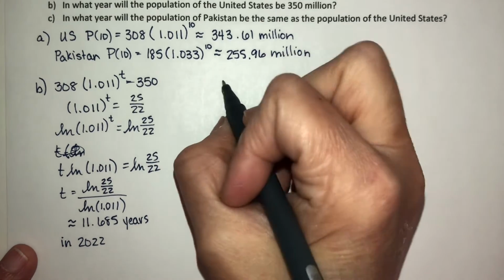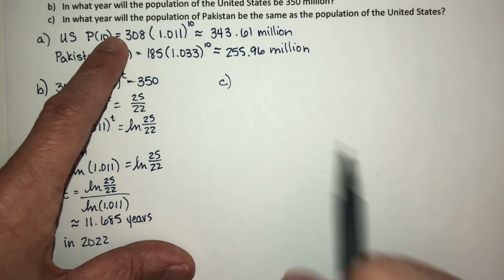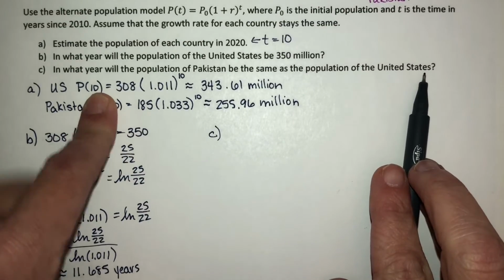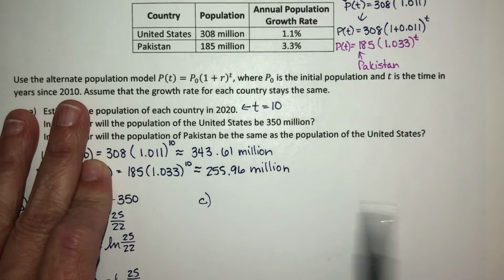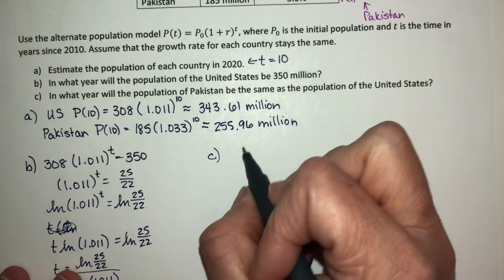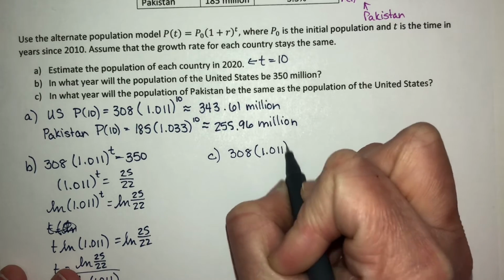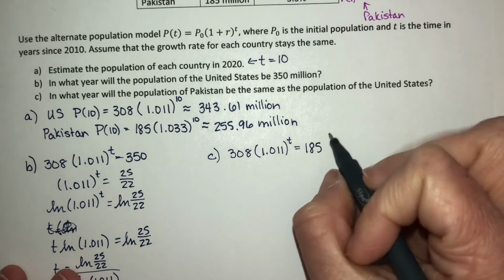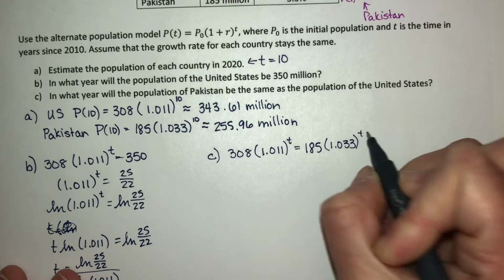Okay. Now, part C. In what year will the population of Pakistan be the same as the population of the United States? What I'm going to do is take this equation and this one and set them equal to each other and then solve for t. So I will have 308 times 1.011 to the t power is equal to 185 times 1.033 to the t.